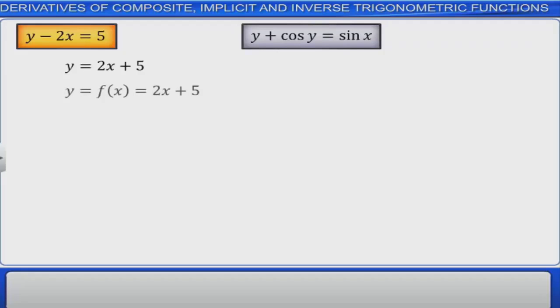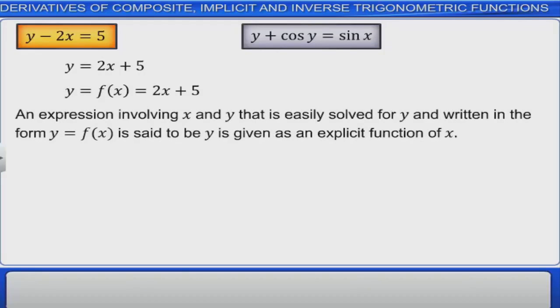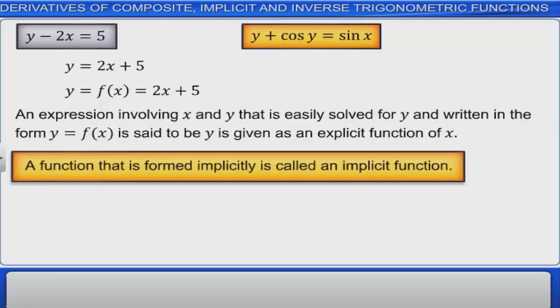Such an expression, which can be easily solved for y and written in the form y is equal to f of x, is said to be an explicit function of x. However, for the second equation, we do not see any easy way to solve it. Clearly, it is inherent that y is a function of x. Mathematically, a function that is formed implicitly is called an implicit function.